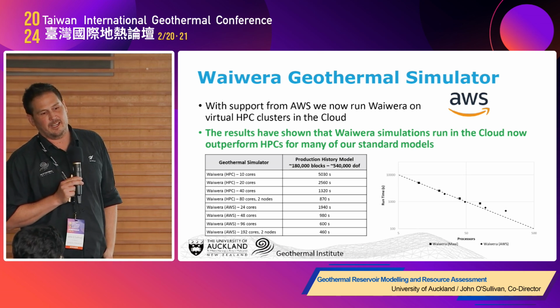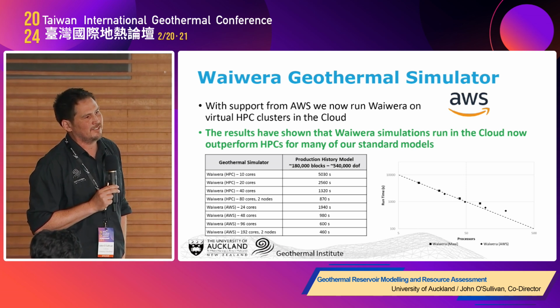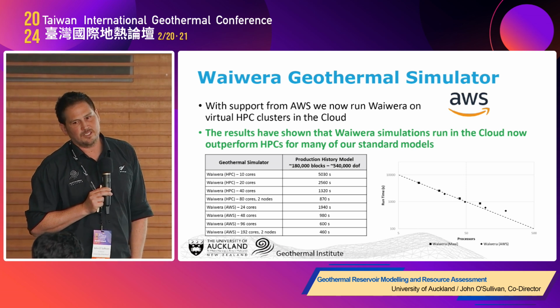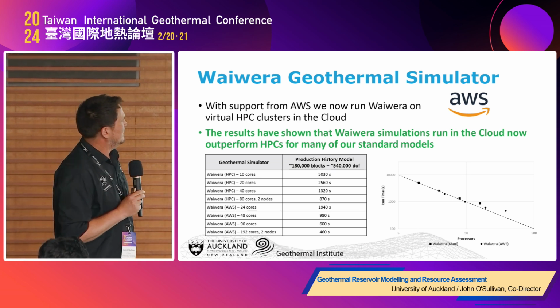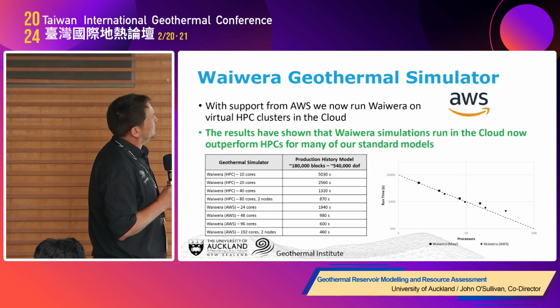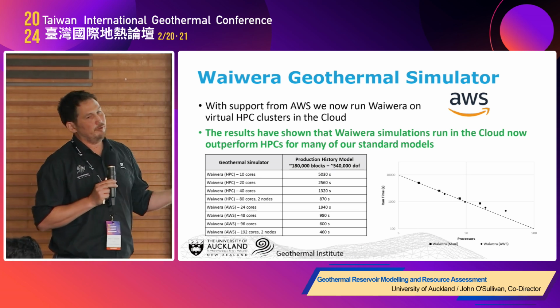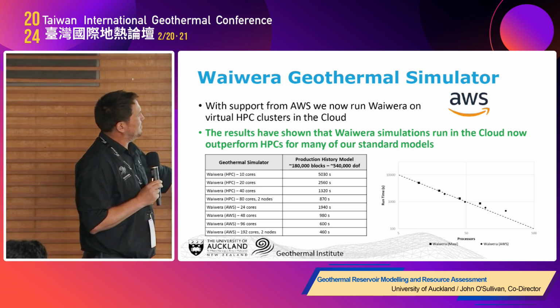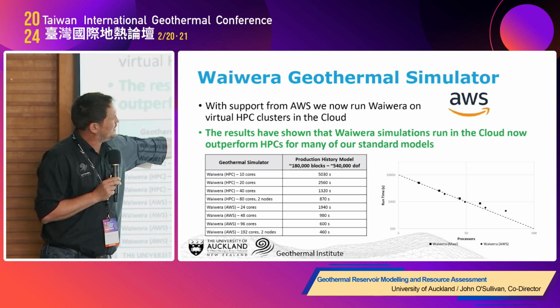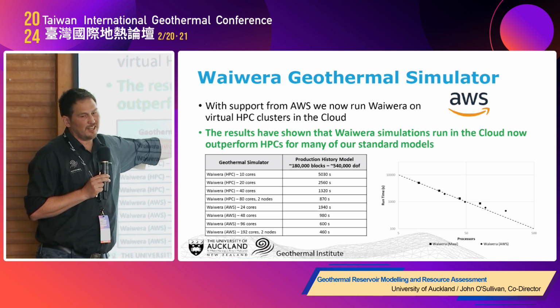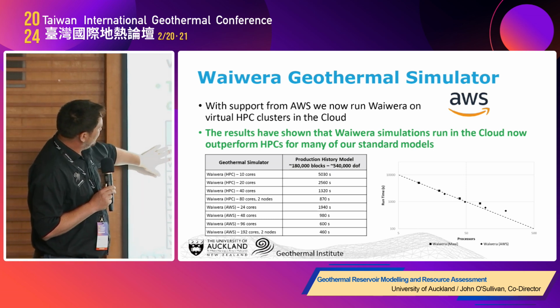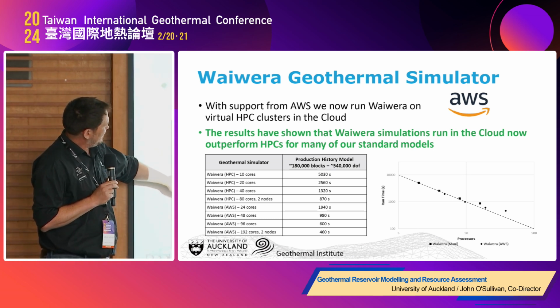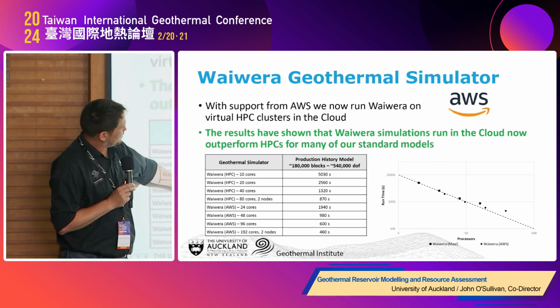You get access to the latest CPUs in Amazon, and they worked really hard with us to set up virtual clusters. So we're running the same simulations or larger simulations here. These are about 3 times the size, and on the HPC we're running it on 80 cores across 2 nodes.